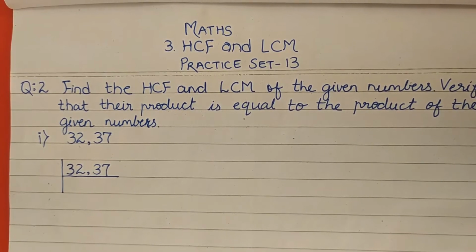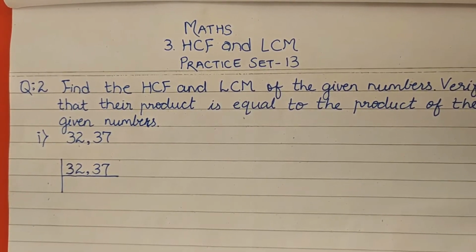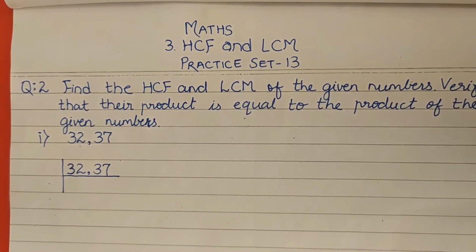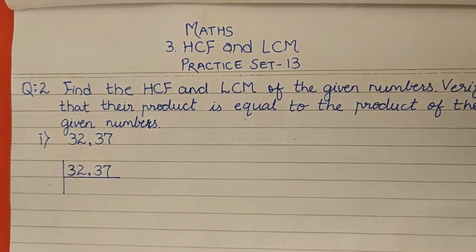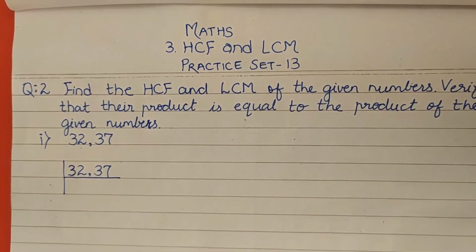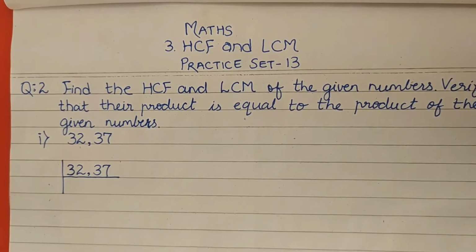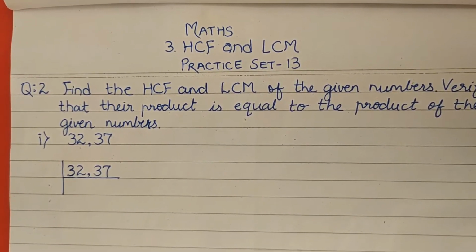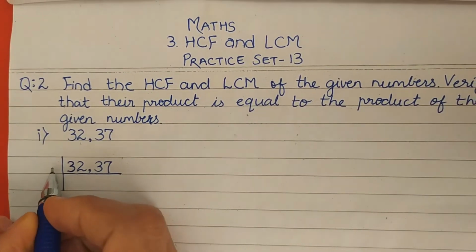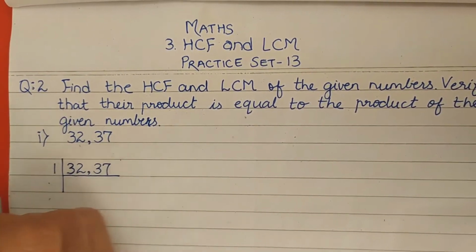Let's consider first sum. We have to find out HCF and LCM of 32 and 37. Now 32 and 37 are co-prime numbers, so its only factor will be 1.